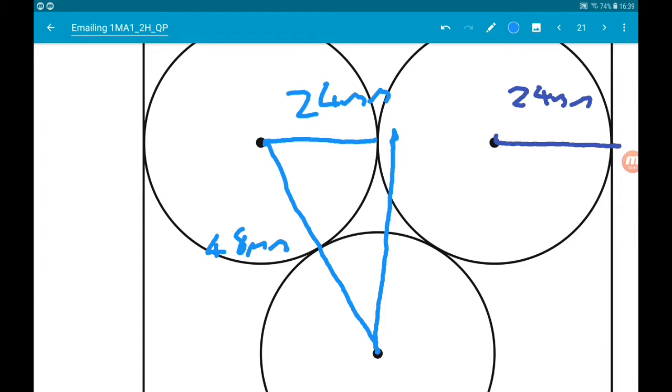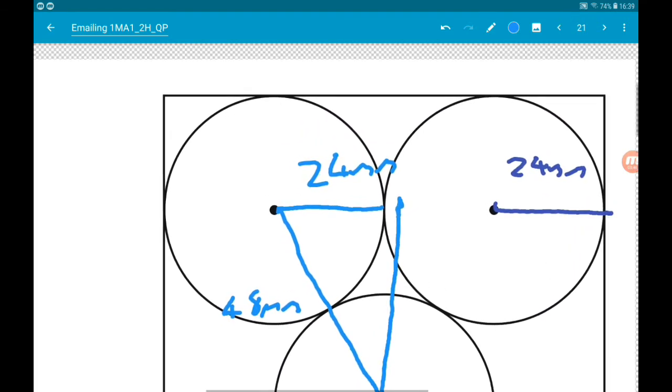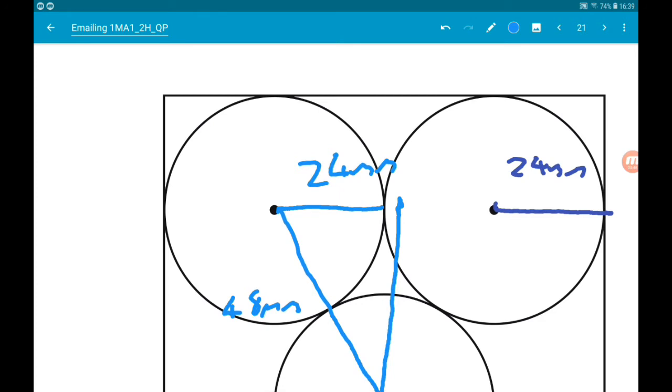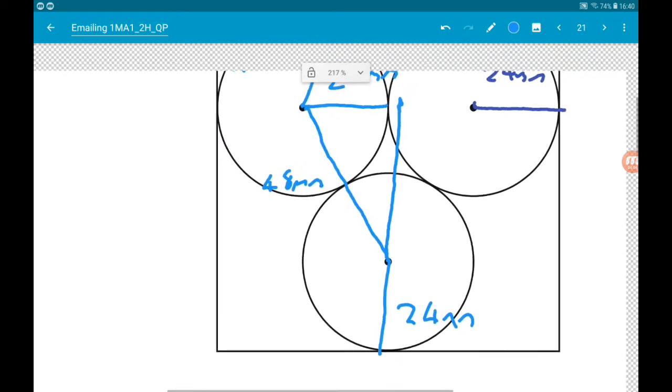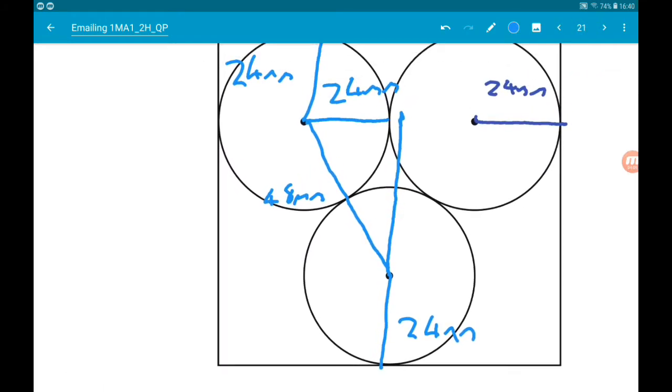Okay, so the reason that we need this height is because we know that bit is 24 millimeters and that bit is 24 millimeters. So what we need is the length connecting the centre of the bottom circle to the top line of that right-angled triangle.